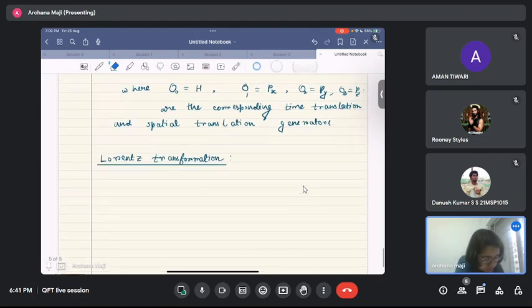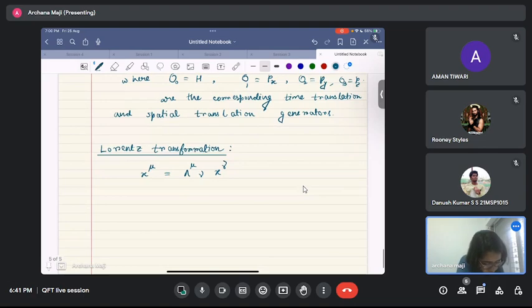Just like spatial translation, time translation, and rotation, these are also a kind of transformation which takes your coordinates to lambda mu nu x nu, such that the invariant length, this length x mu, remains invariant.